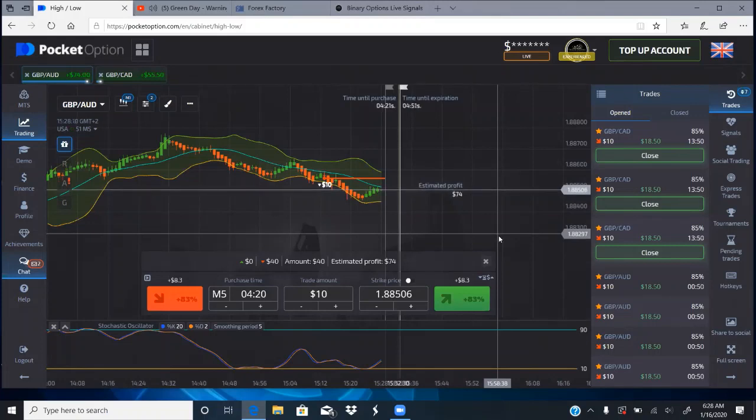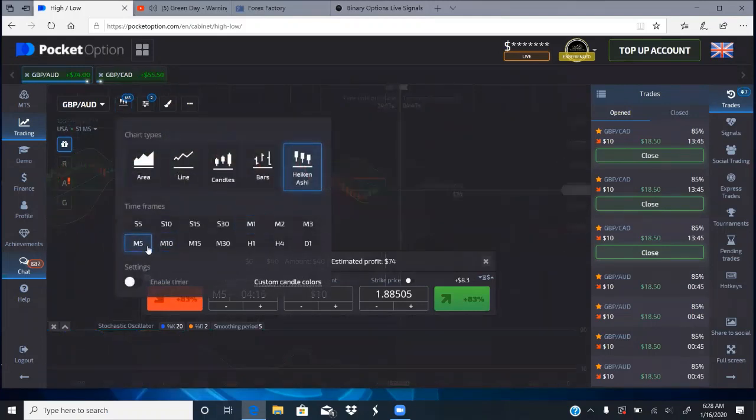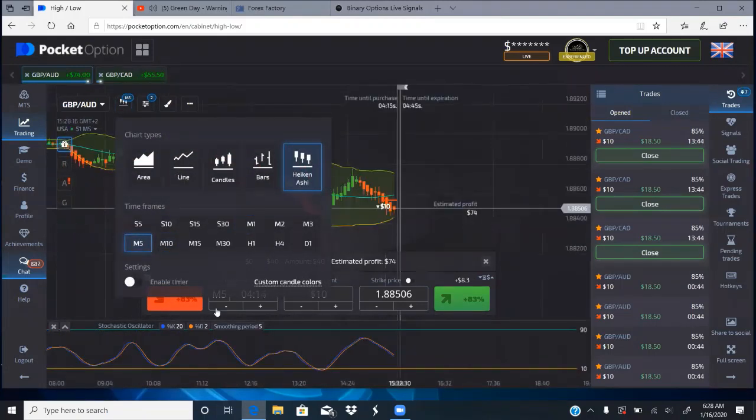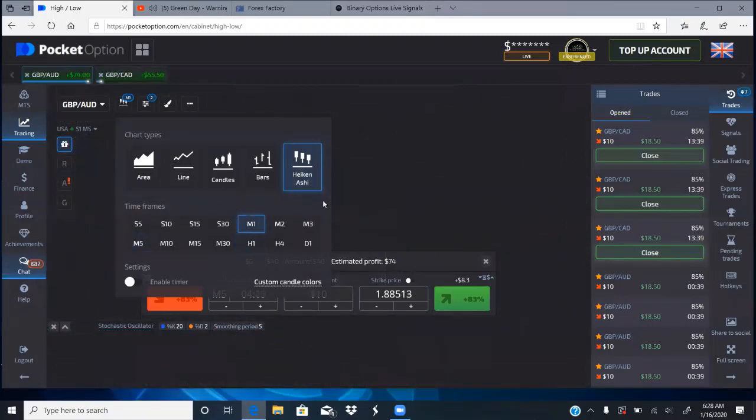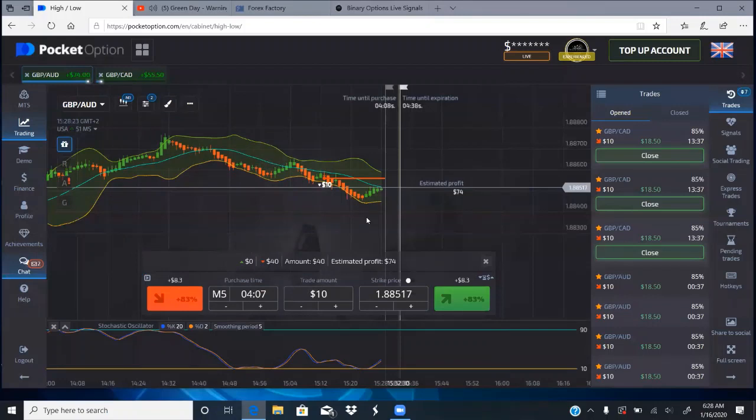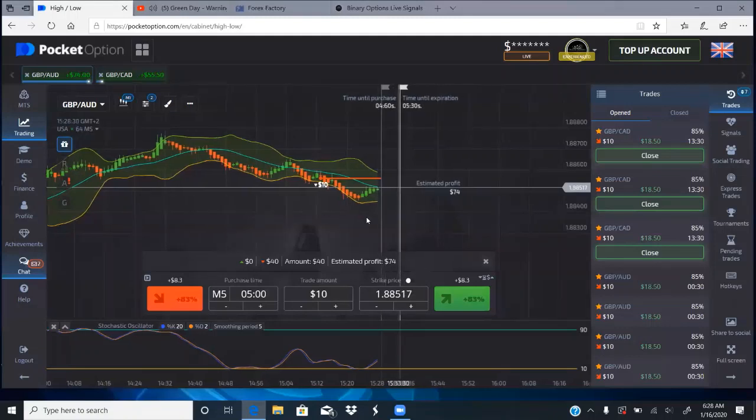Missed that one. So our GBP CAD trades are about to close out here.